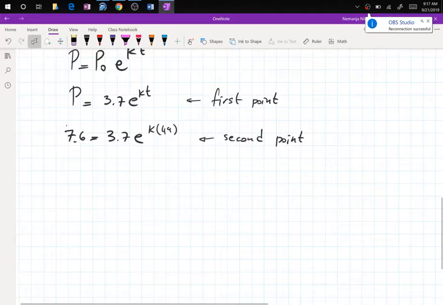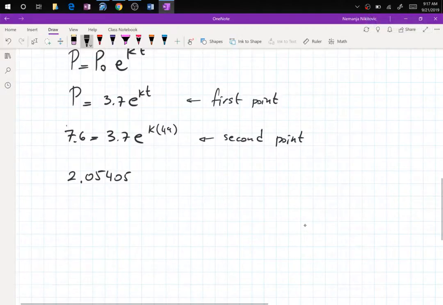So this is going to be 2.05405. You see that these are 4 non-zero decimal places over there. Equal to, leave some space, e^(49k).